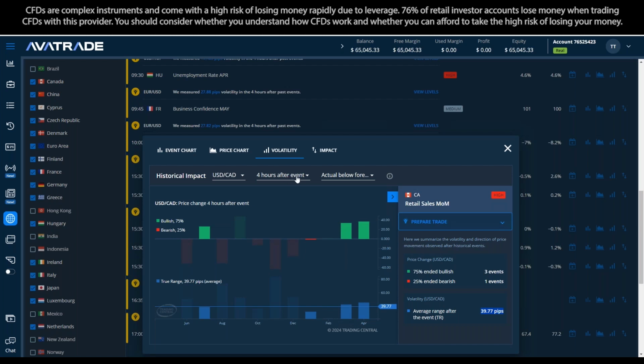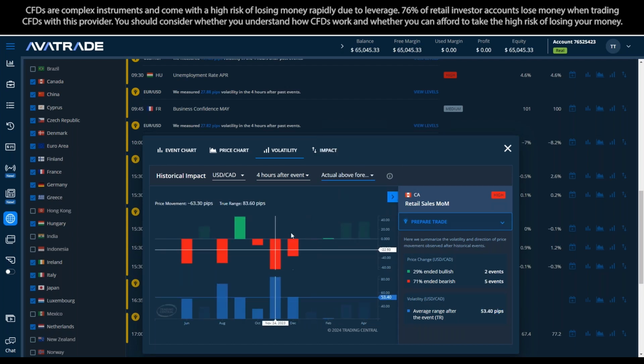So very powerful stuff. Below forecast, 75% of the time up, and really almost 100% of the movement up after 4 hours. If it comes in above forecast, 71% down, and probably closer to 80% of the movement downward.